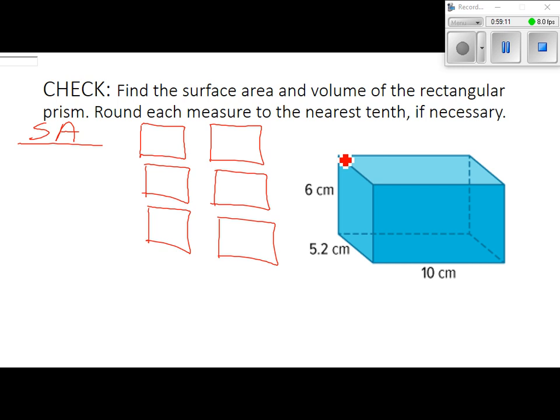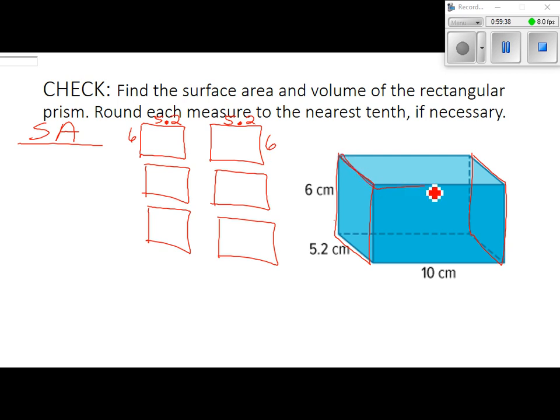Take this end first. For a rectangle, I just need the length and the width, or the base and the height. That's 6 and 5.2. If that end has those 2 measurements, the other end in a rectangular prism has to be exactly the same: 5.2 and 6.